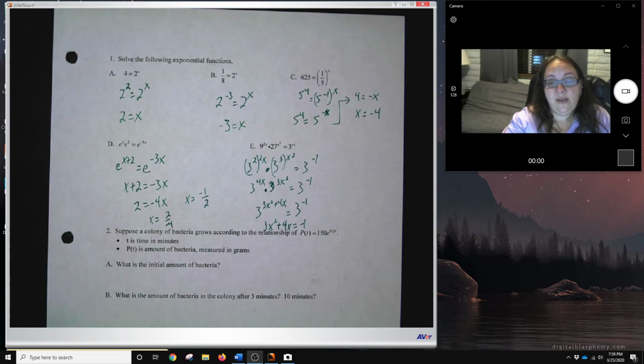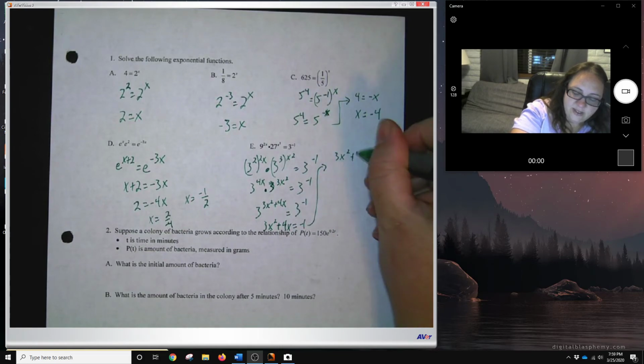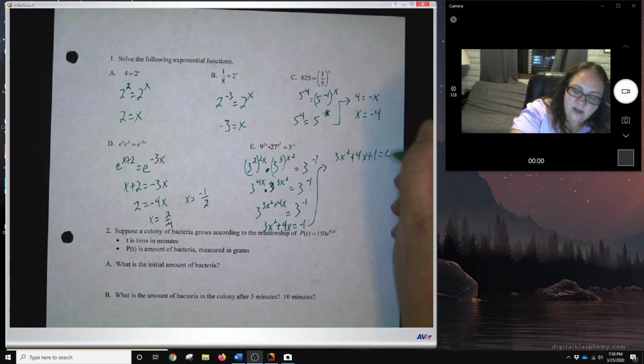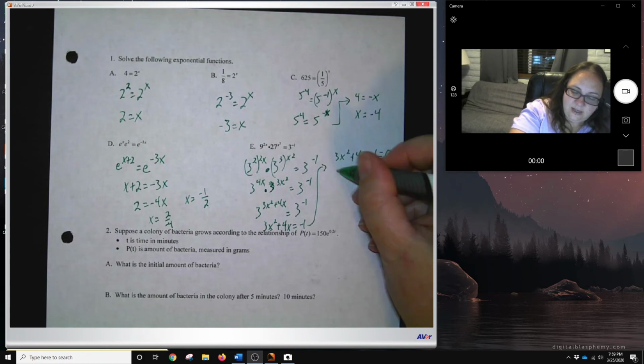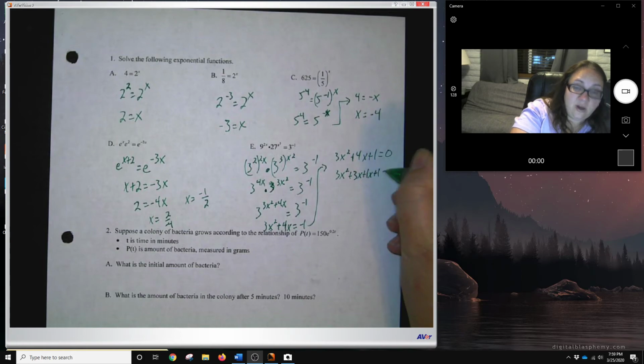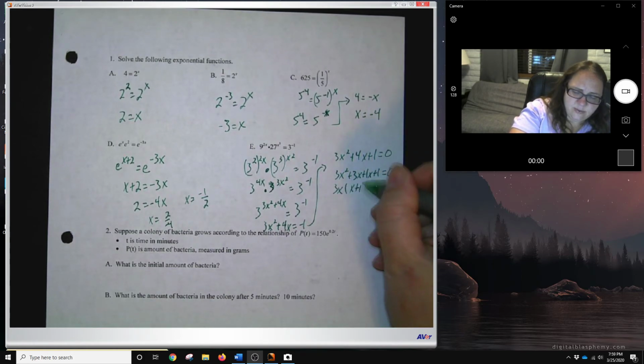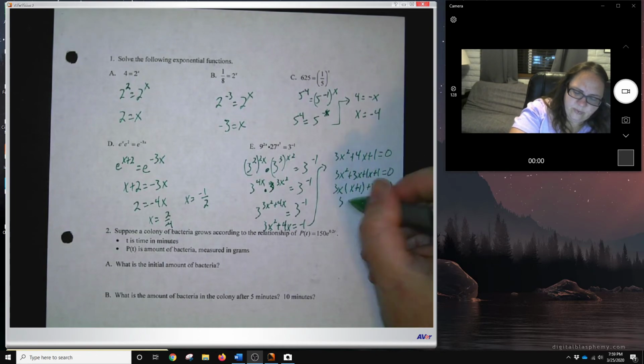When I get rid of the bases, I have 3x squared plus 4x equals negative 1. So 3x squared plus 4x plus 1 equals 0. That's going to be 3x squared plus 3x plus 1x plus 1. When I factor, 3x times x plus 1, plus 1 times x plus 1, that's 3x plus 1 times x plus 1.